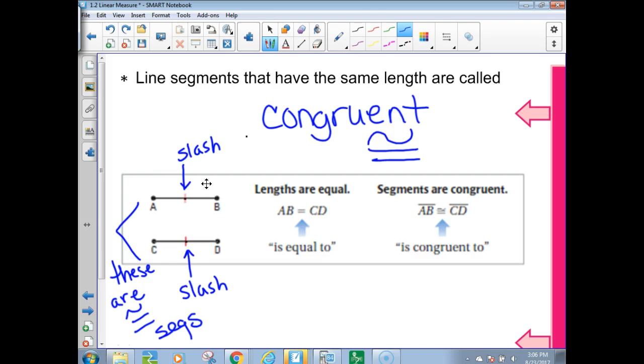So in this diagram, AB and CD are equal, and this would say the distance from A to B is equal to the distance from C to D. The lengths are equal, or the length of AB equals the length of CD. The segments are congruent, come straight from that. If you have equal length, then you have segments that are congruent. And then with the bar on the top, that says segment AB is congruent to segment CD.